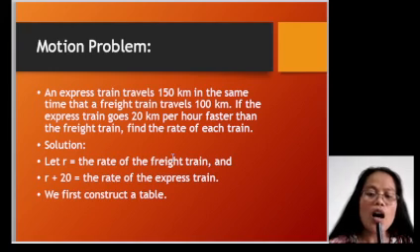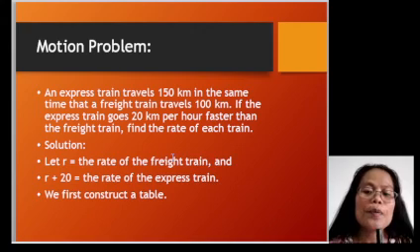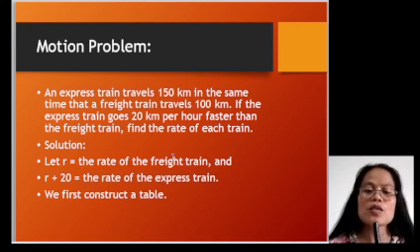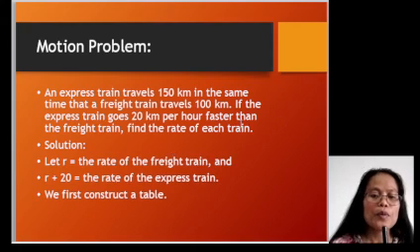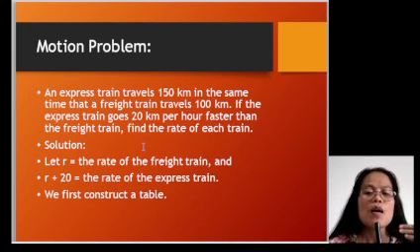So we let R be the rate of the freight train and R plus 20 the rate of the express train. Why is the rate of the express train R plus 20? Because the problem says the express train goes 20 kilometers per hour faster than the freight train, meaning mas paspas siya mudagan 20 kilometers kaysa freight train.